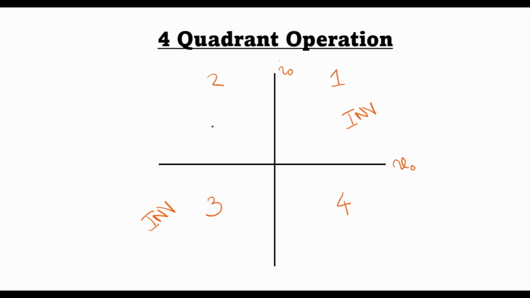While when one of them is negative, that is V naught is negative here and I naught is positive, then this would be the rectifying mode of operation, as well as in quadrant number 4 when I naught is negative and V naught is positive.